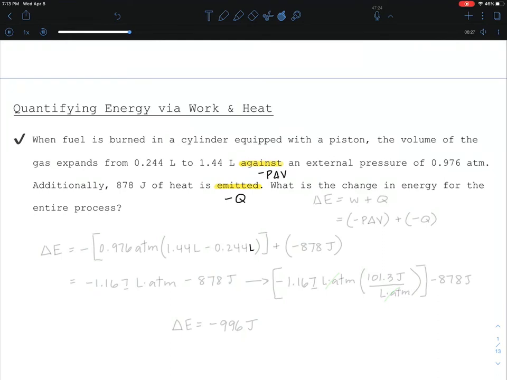So then let's define the change in energy for the process. We know that our change in energy is going to be equal to the work plus the heat.